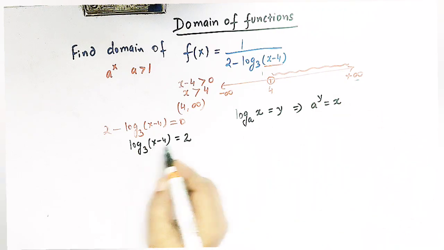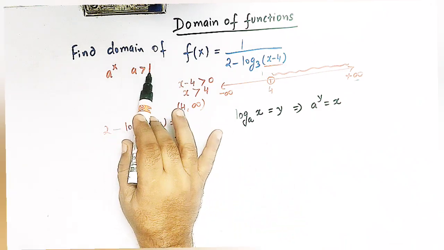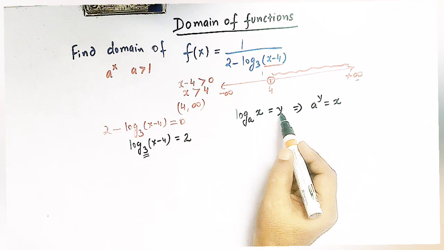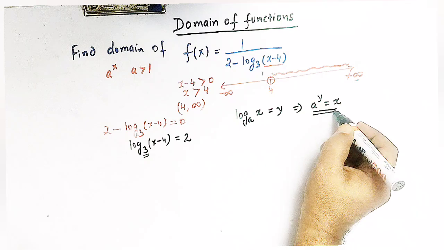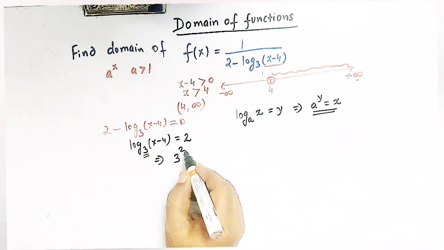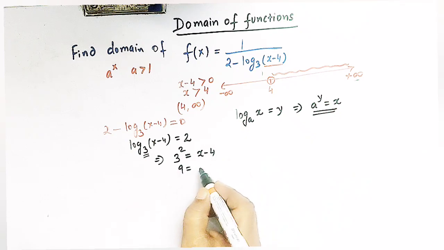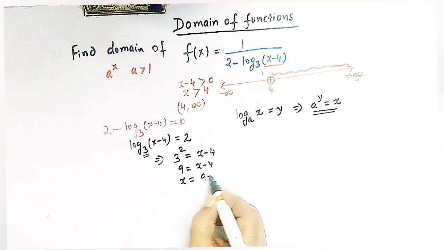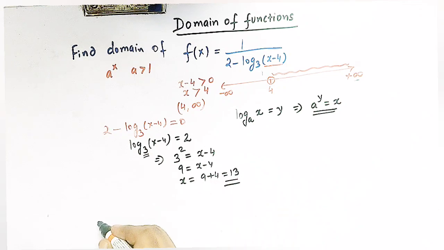Here a is 3, which is greater than 1, for x we have x minus 4, and for y we have 2. So 3 squared is equal to x minus 4, so we have 9 equal to x minus 4. So x is equal to 9 plus 4, that is 13.